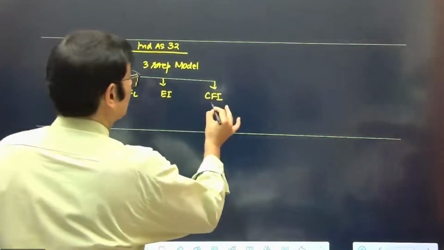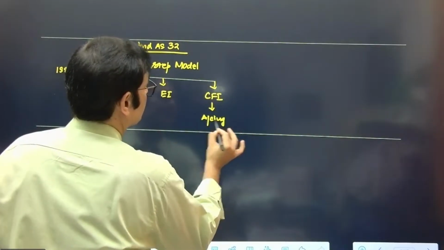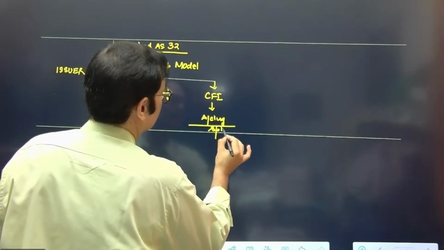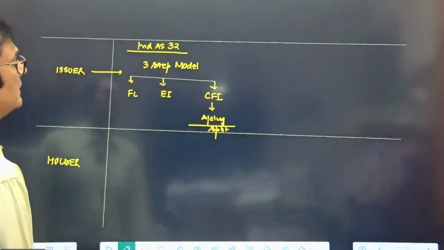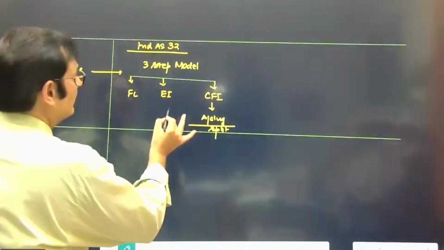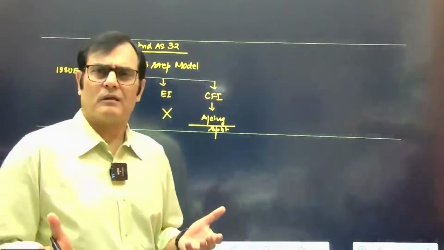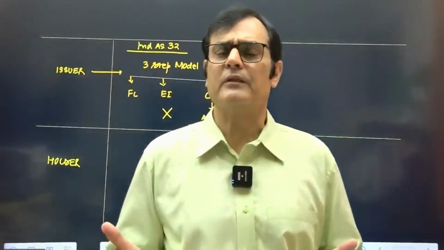Now, we've already covered the accounting of compound financial instruments. We've already covered the concept of split accounting in terms of CFI. We have not done any accounting for equity instruments, and there is no difference in accounting for equity instruments.